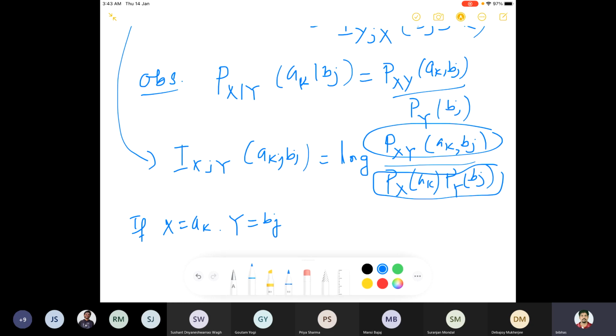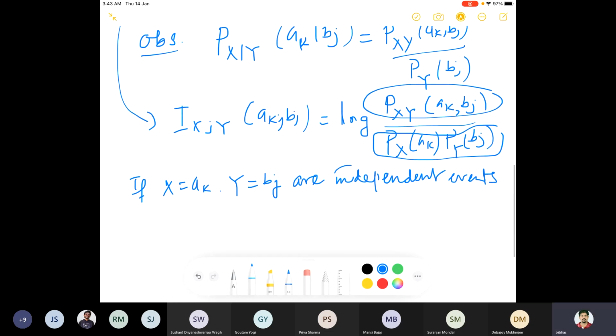That means if these are independent events, then this is equal to 0. So this mutual information is 0.